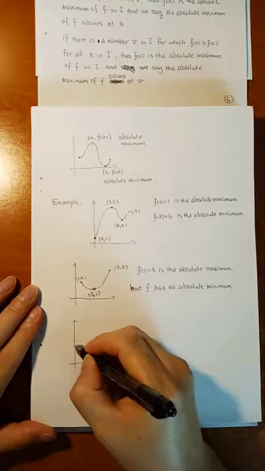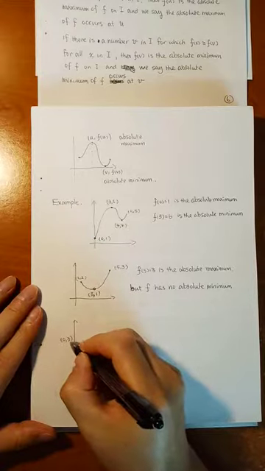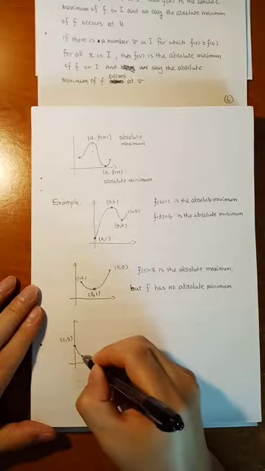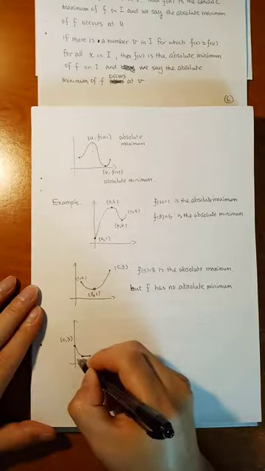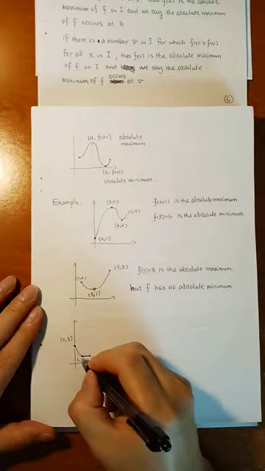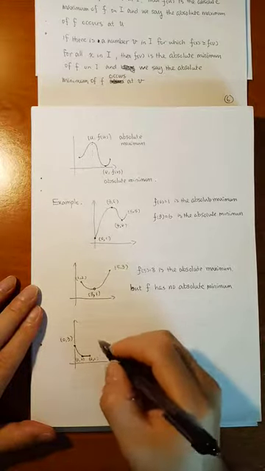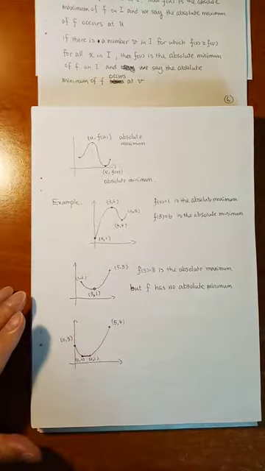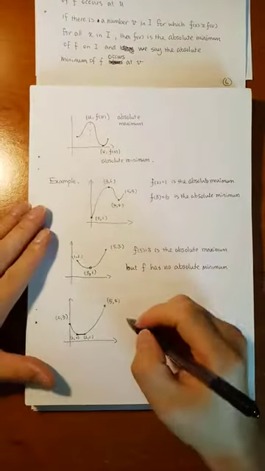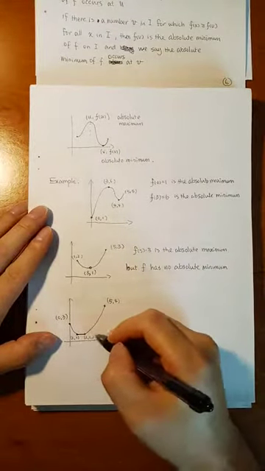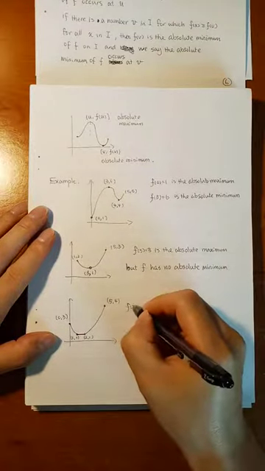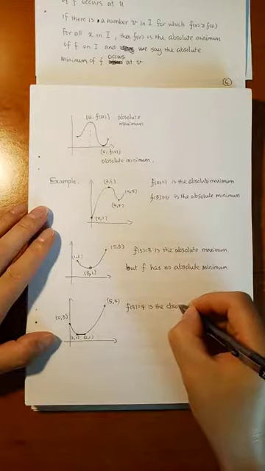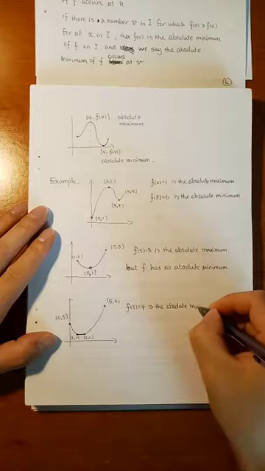Okay, so here you have (0, 3), and then you reach (1, 1), horizontal to (2, 1), and up to (5, 4). So, assume this segment is horizontal, then we say f(5) equal to 4 is the absolute maximum.